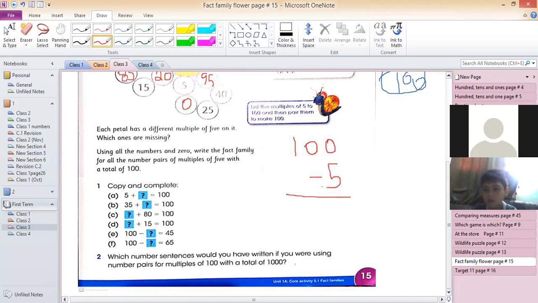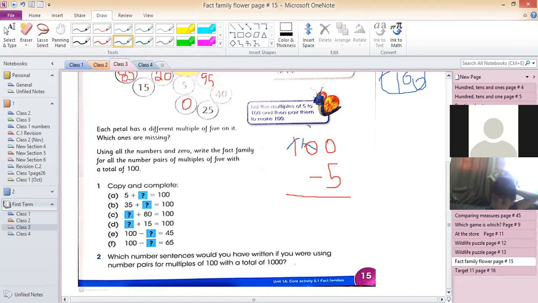Okay. Now, how will you subtract? We take 1. From where? This is 0. Yes, 10. This is 10 now. Now 9.